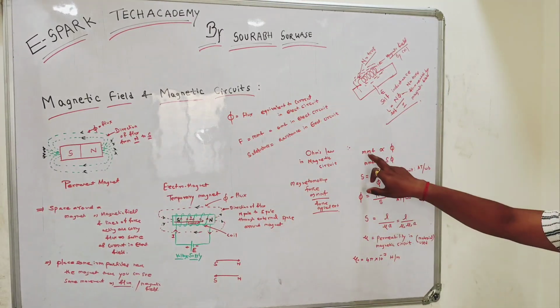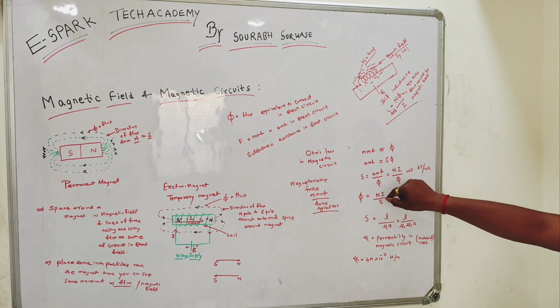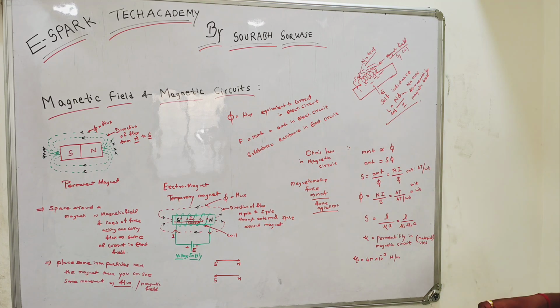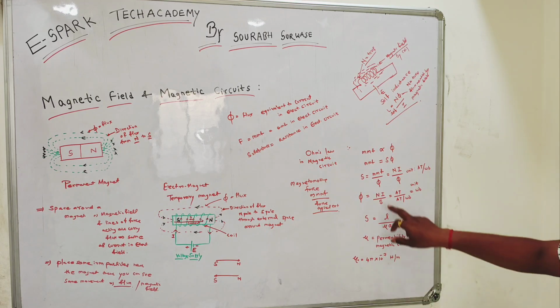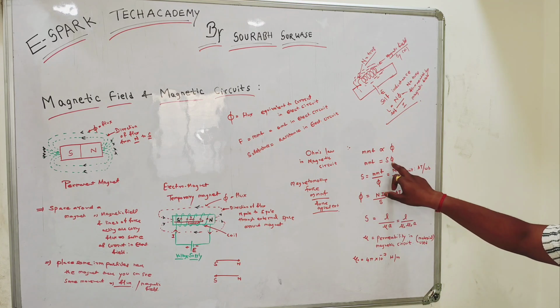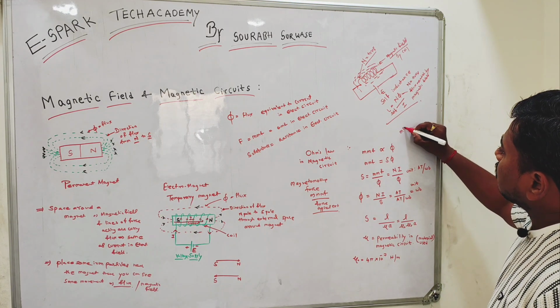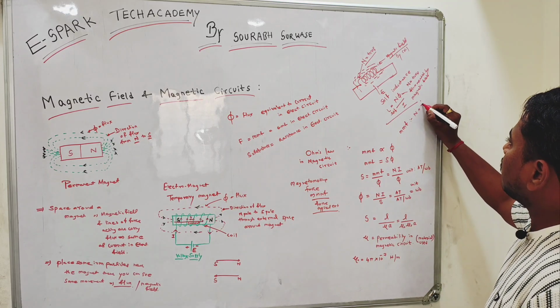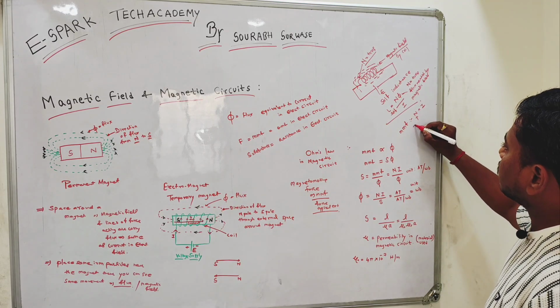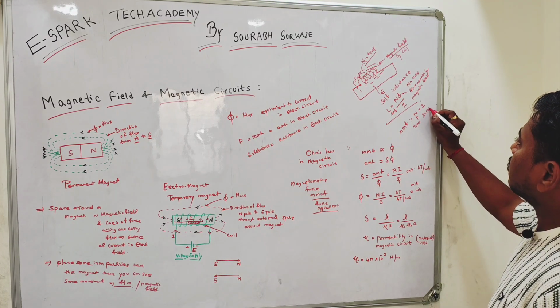This MMF is directly proportional to phi, and S is the reluctance. Rearranging, reluctance is MMF upon phi. And MMF is N into I, where N is turns and I is current.